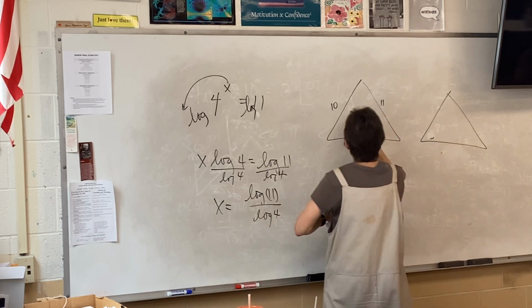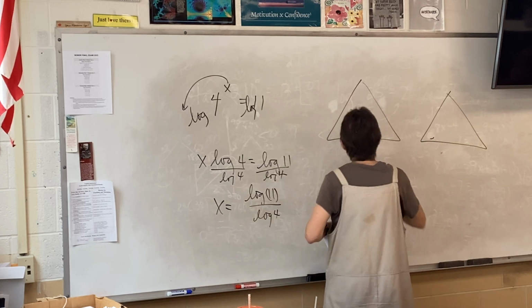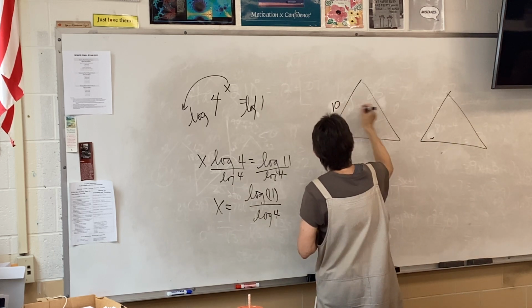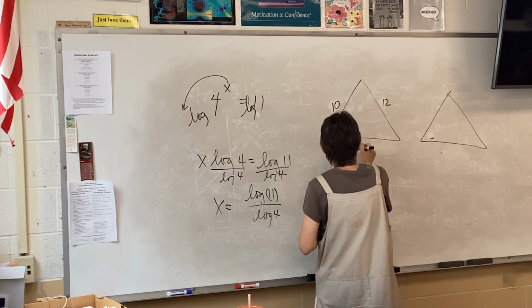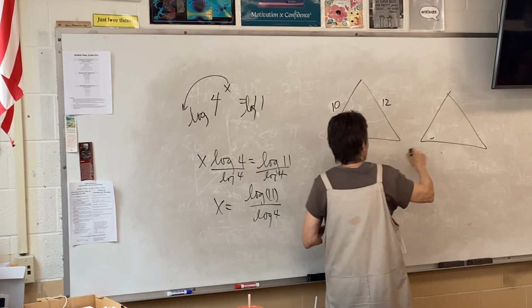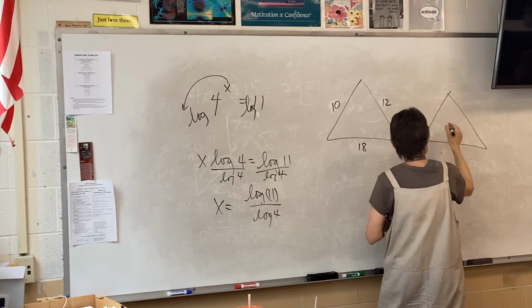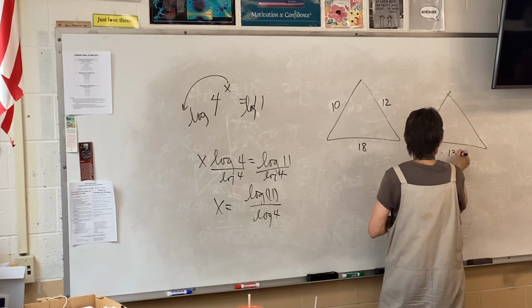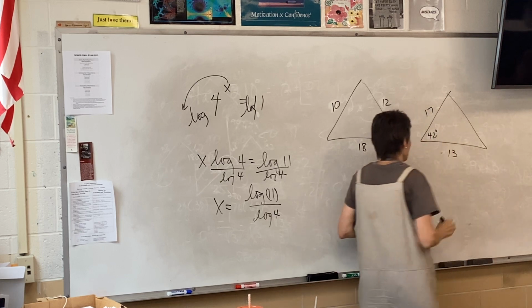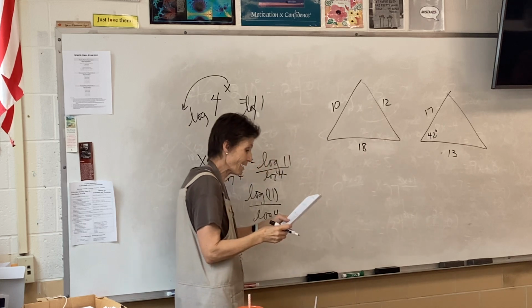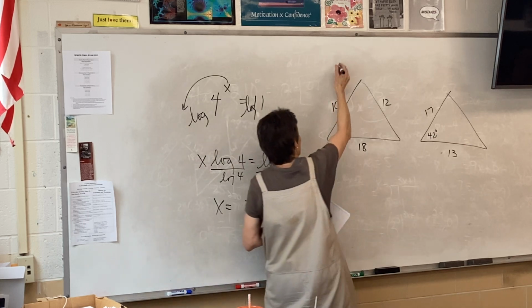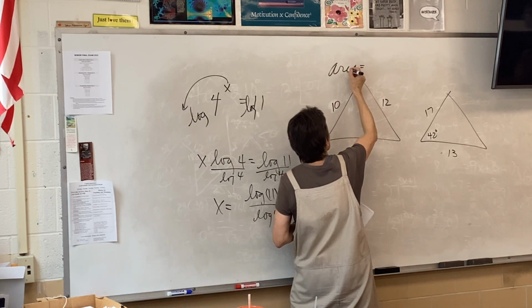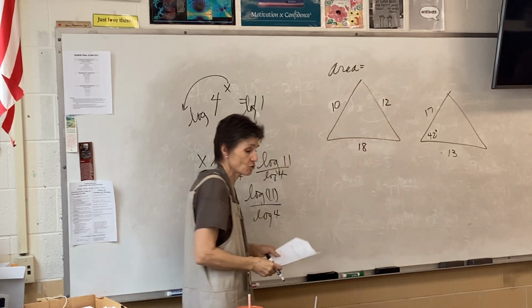I'm just copying them straight off the sheet. So you have a problem that looks like this: 10, 12, 18, and then you got one that looks like this with 17, 13, and 42 degrees. Okay. And the directions say find the area of these triangles.